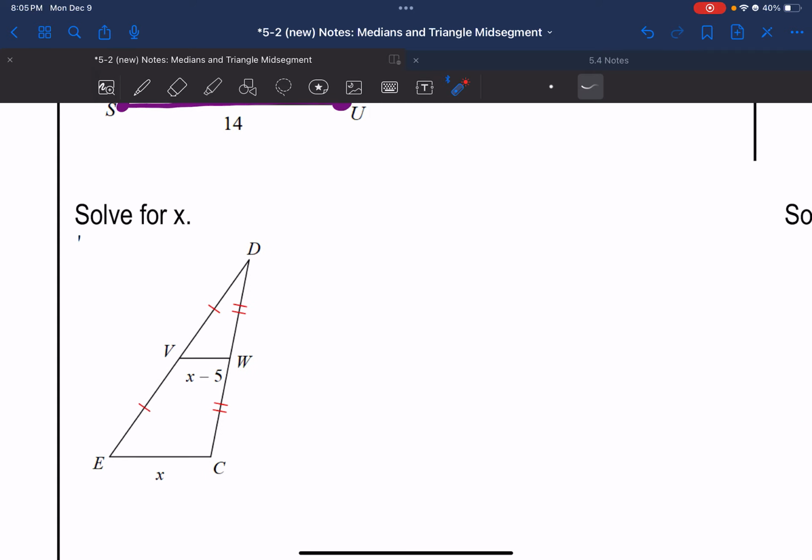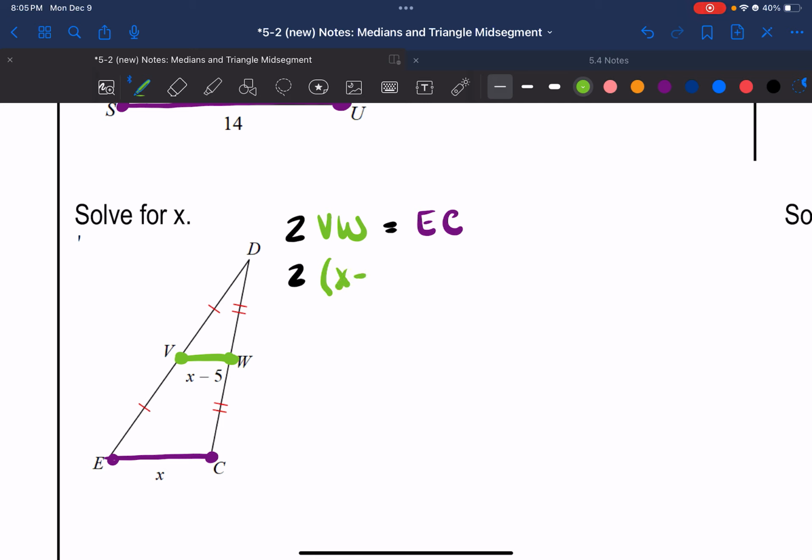The next two examples, you do not. So we are always going to double the small side. So we're going to double VW, and we're going to set it equal to the third side of the triangle, which is EC. So 2 times VW, and I'm going to put that in parentheses because I want to make sure I distribute that 2 to everything.